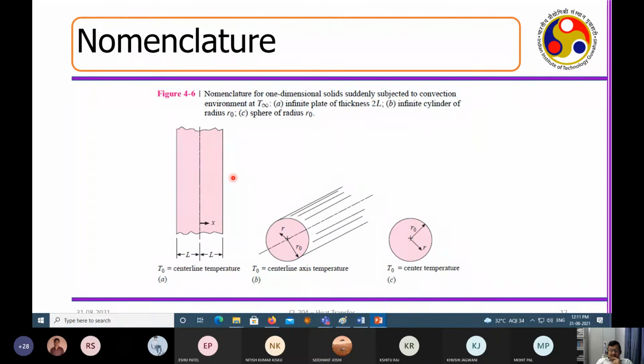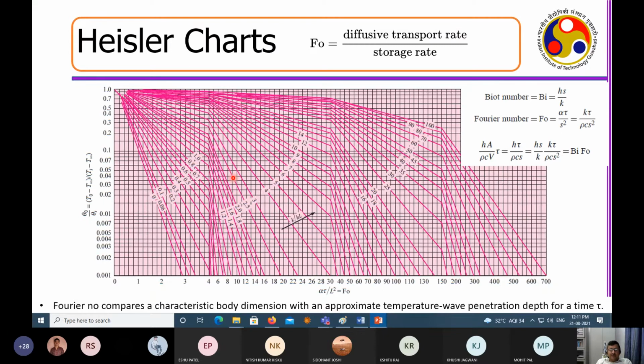So we have shown certain nomenclatures here, like cylinder, sphere, different types of temperature. And then what we did, we went for the plot called the Heisler charts. So what is the utility of these Heisler charts? We will see as we do some problems that these Heisler charts are plotted. See why we are doing all these things.